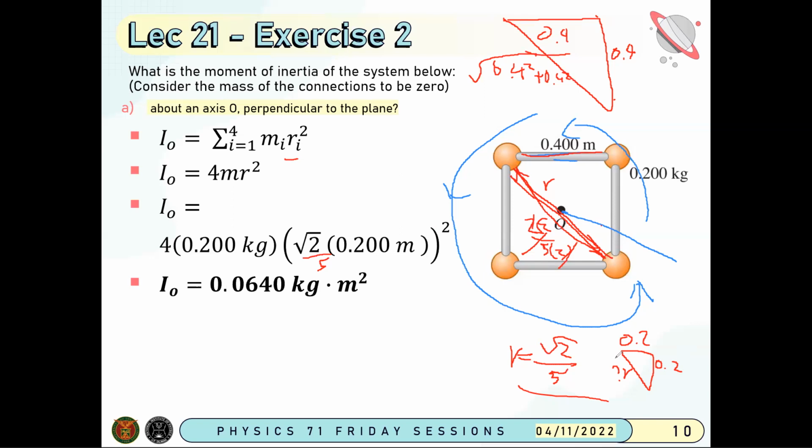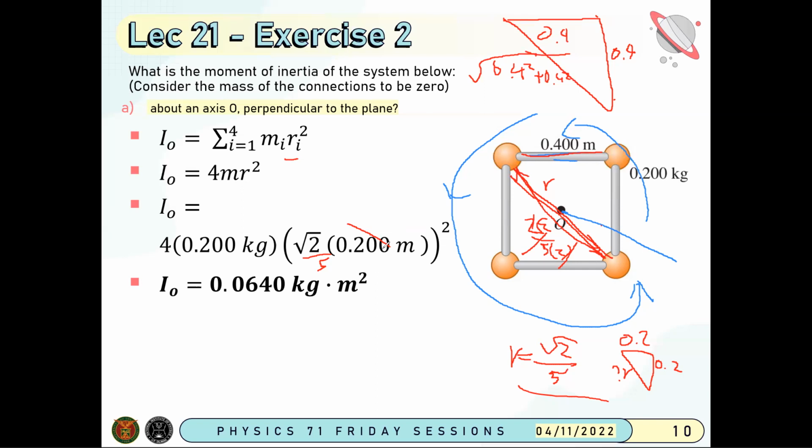Because we already divided it by 2. Yeah, it should be square root of 2, very small, square root of 2 over 5 squared. So what should come out is 4 times 0.2 times square root of 2 squared, which is 2 over 5 squared, which is 25. So, what?